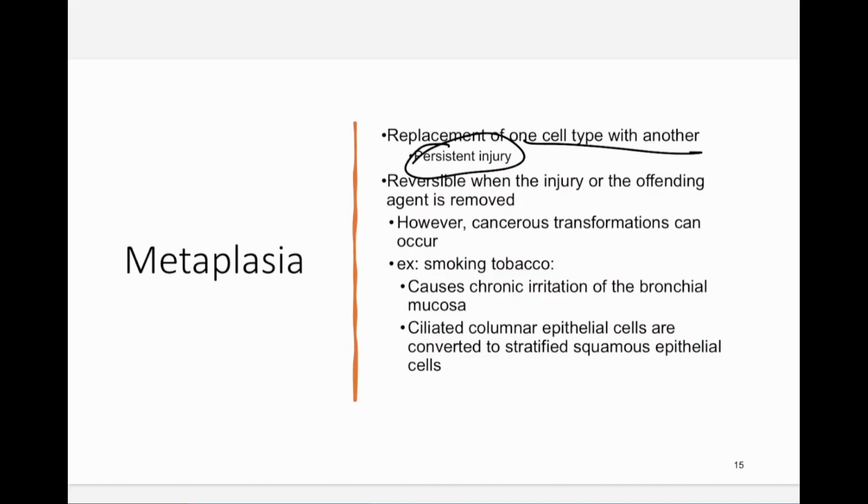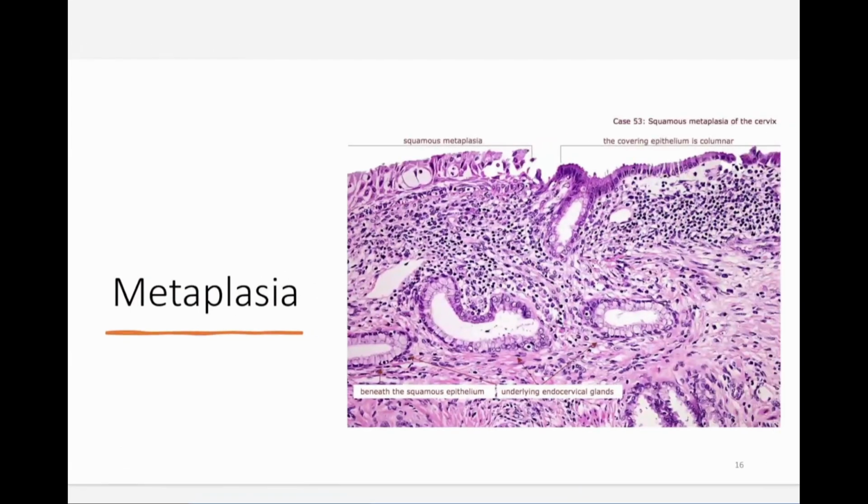Remember we talked about in physio how the cells in the stomach are made to resist the high acid, but the esophagus and the duodenum are not. So when you get repeated GERD, acid reflux all the time, eventually over time, those cell types can change into a different type and eventually can even turn to cancer.